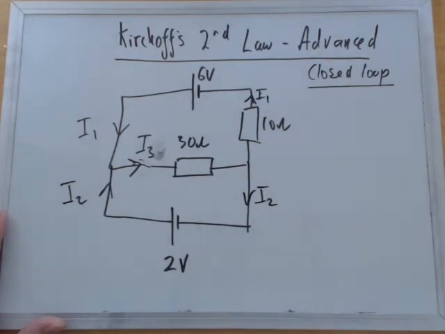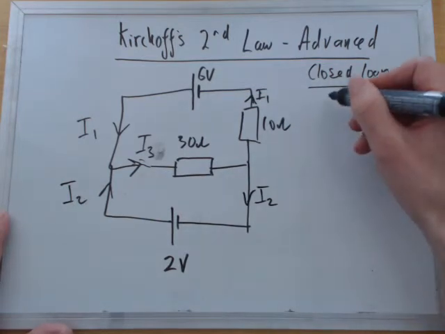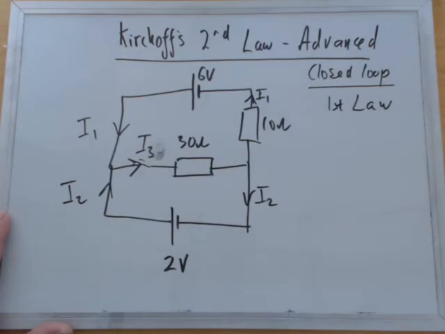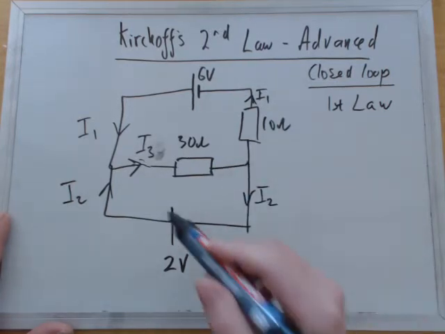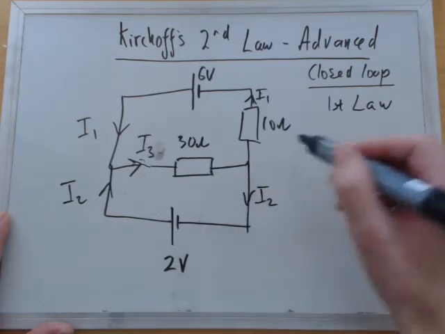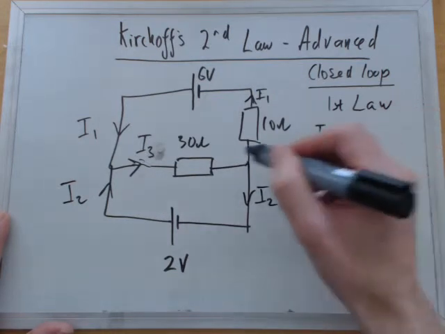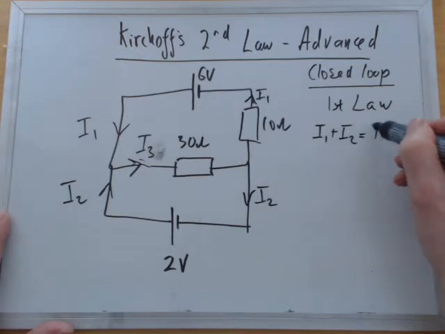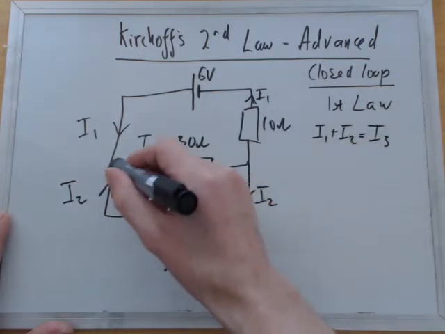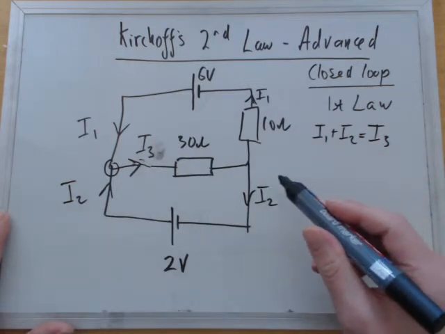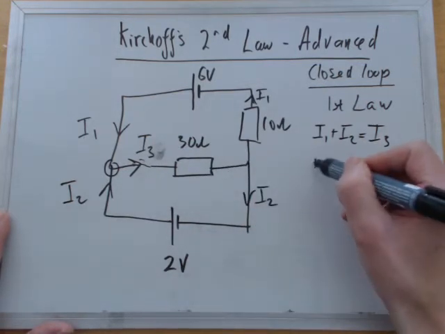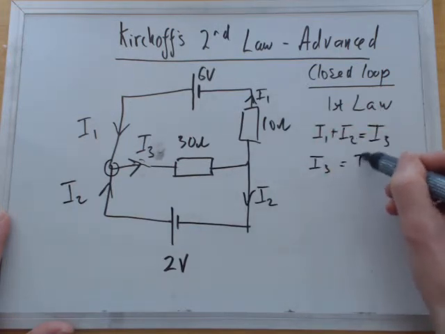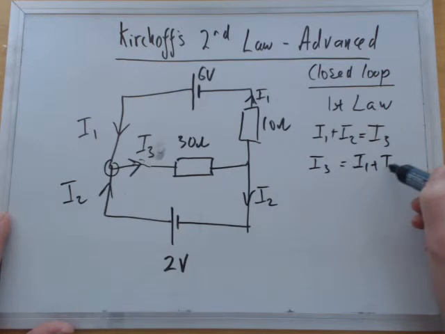Now, if we look at the junctions first of all, if we look at Kirchhoff's first law, we'll see that we've got two junctions. We find here that I1 plus I2 is equal to I3 in this junction here, and in this junction here we have I3 coming in, I3 splits up, and those two directions there are equal to I1 plus I2.